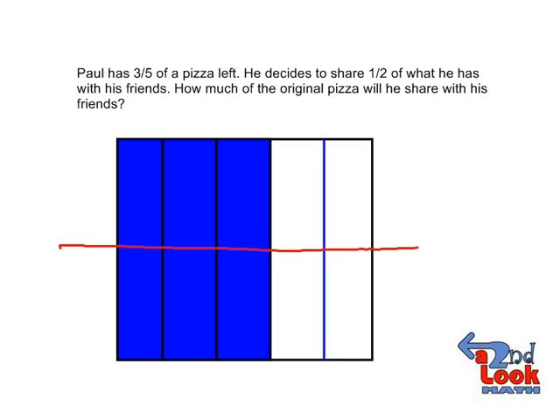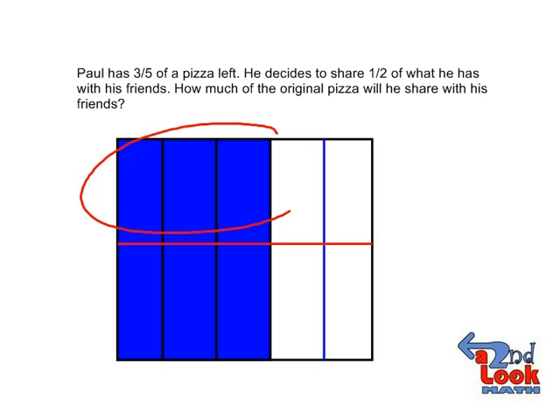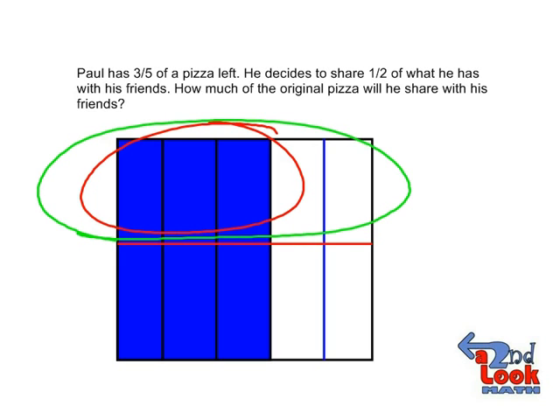Now we can see this 3/5 divided in half, and we can imagine him kind of giving away the top part of that, just like we were saying that this entire top section was 1/2 of the whole pizza. Here he only has 3/5, so 1/2 of it would still be this top piece.